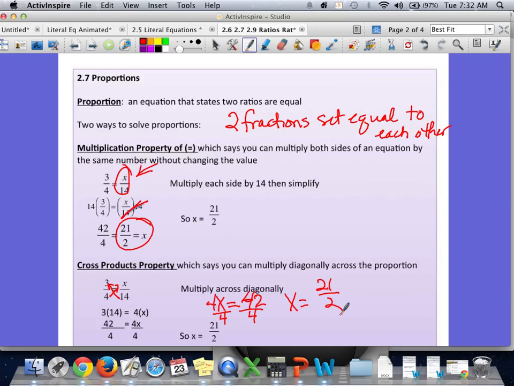So whichever way you want to do it, I recommend you cross multiply because we're going to get more complicated problems, and you will have to multiply quantities. So this is a really easy way to do it algebraically. Okay, so that's proportions.